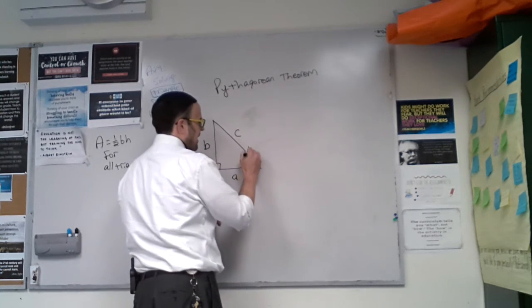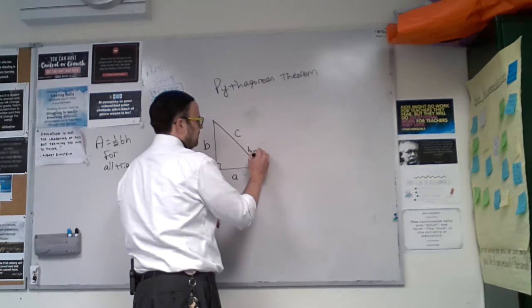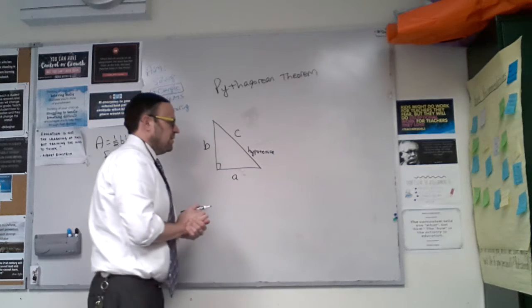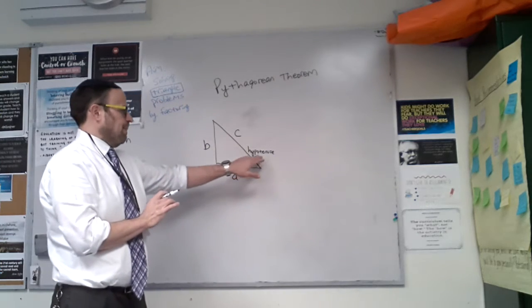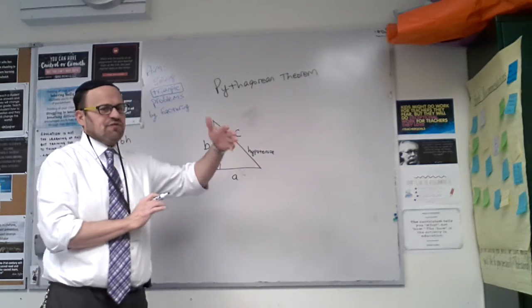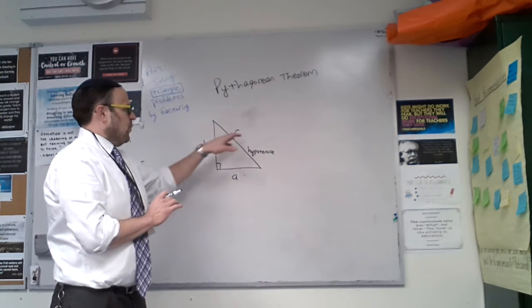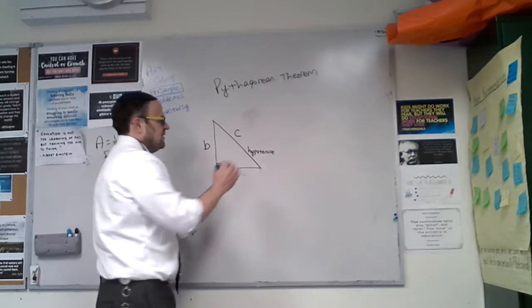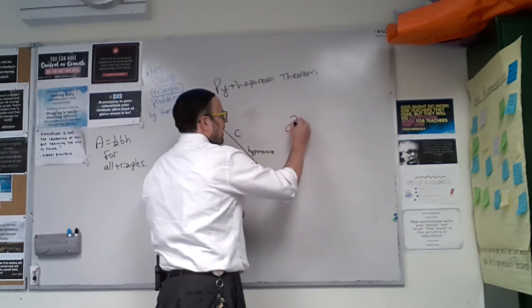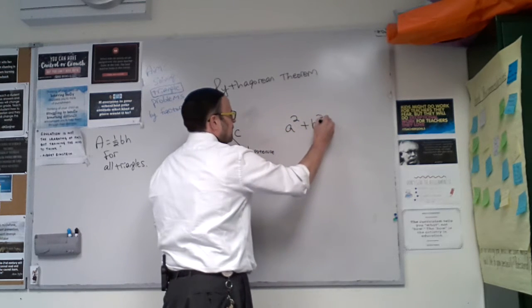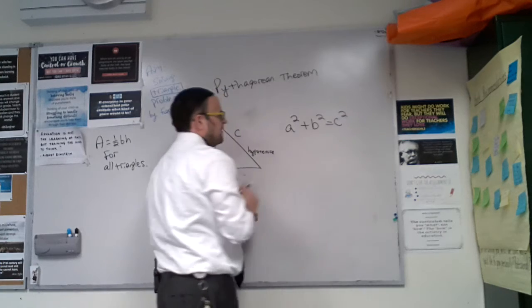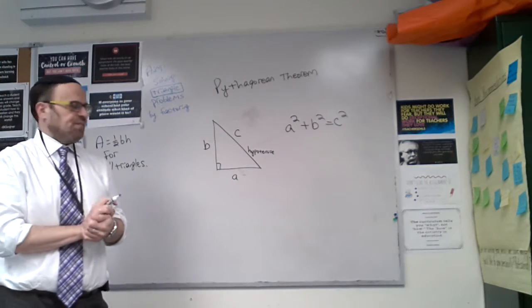It is called the hypotenuse. I'm telling you that for information. It's not required. I'm not going to ask you to define the hypotenuse or whatever. What this means is that I can find the length of any side if I know two of them.